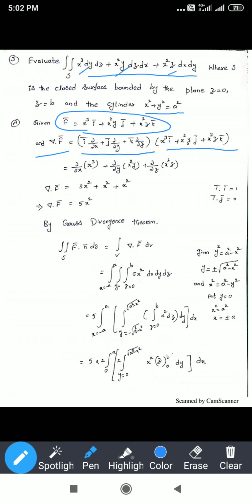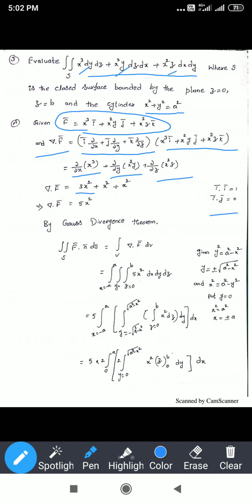Doing the dot product on these, you can get dou by dou x of x cube as the first term, dou by dou y of x square y as the second term, and dou by dou z of x square z as the third term. Doing the partial differentiation, what do we get? x cube gives 3x square.